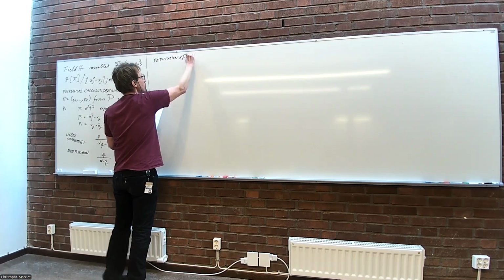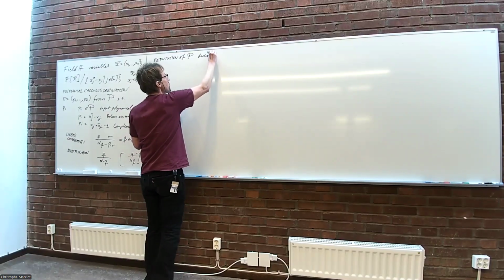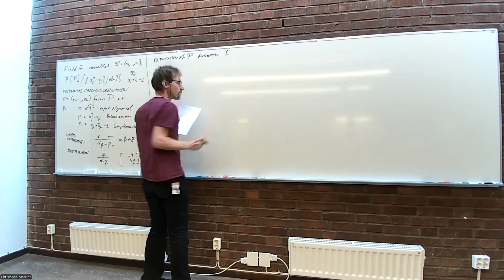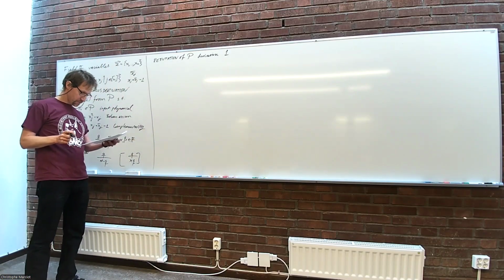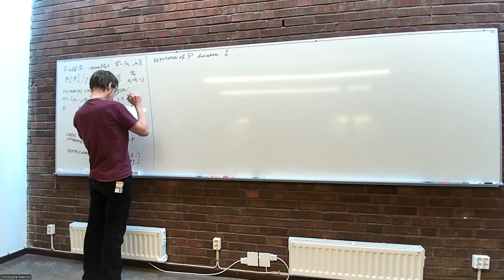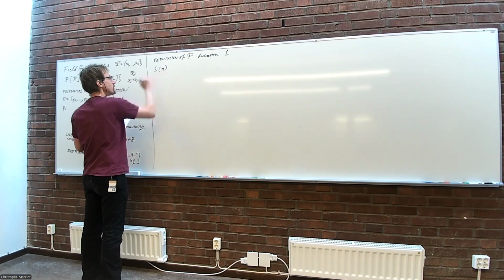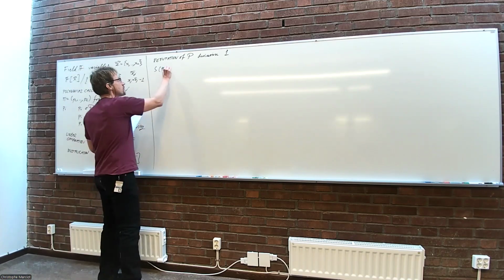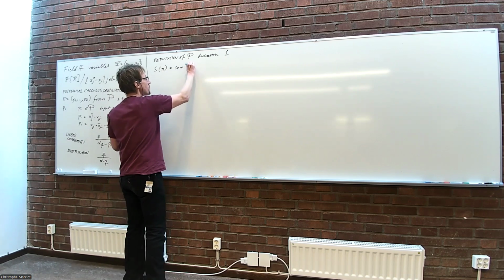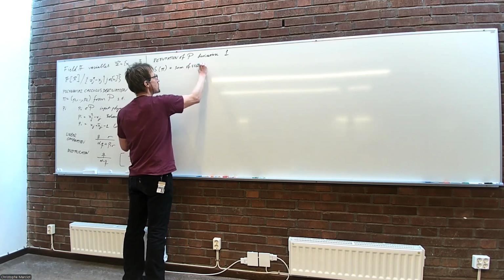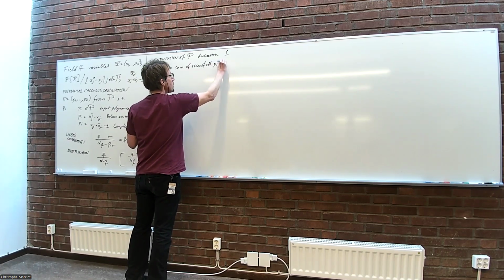And the refutation of a set of polynomials P is just the derivation of the multiplicative identity 1 in whatever field we're in. And for a derivation, we care about the size, which is the sum of the sizes of all the polynomials.